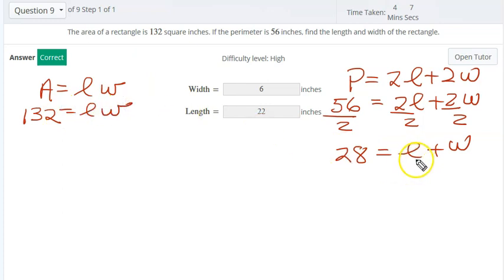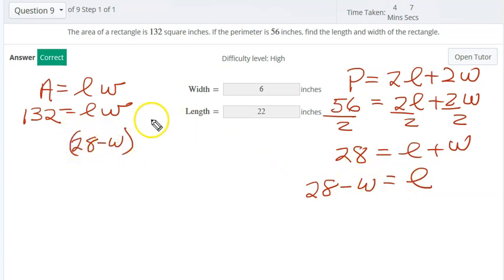Well, now we solve for one of our letters. Let's say L. L is going to equal 28, just transpose that W, minus W equals L. So now we have an L, which is 28 minus W times our regular W, and that equals 132.